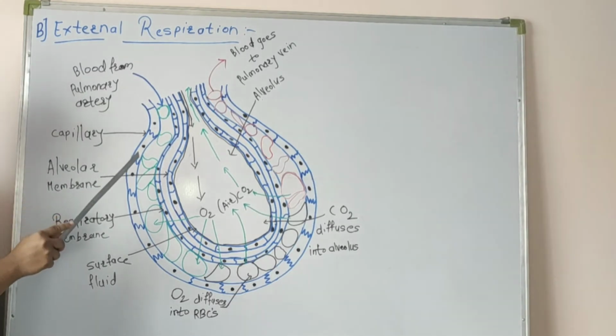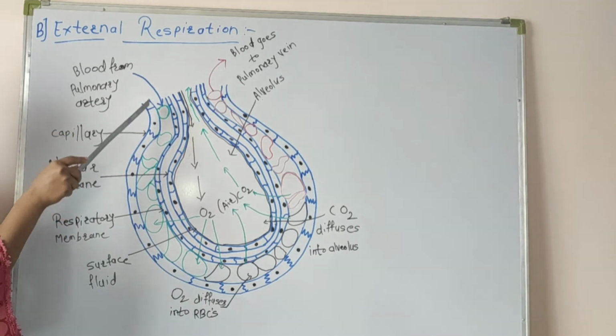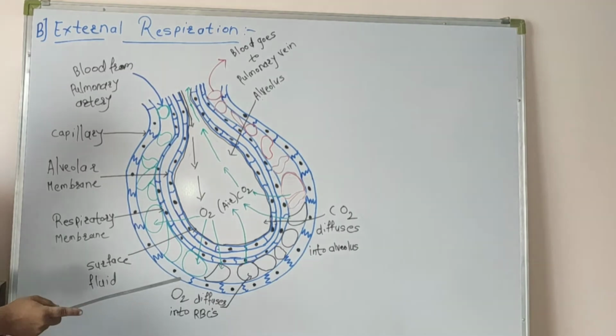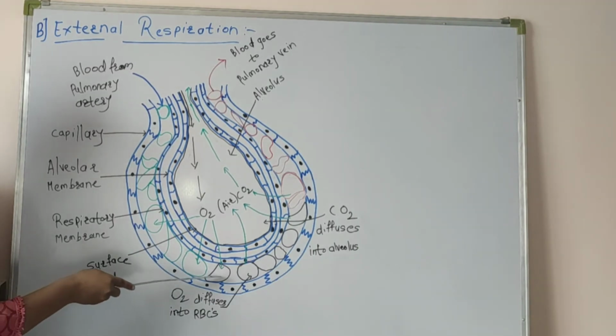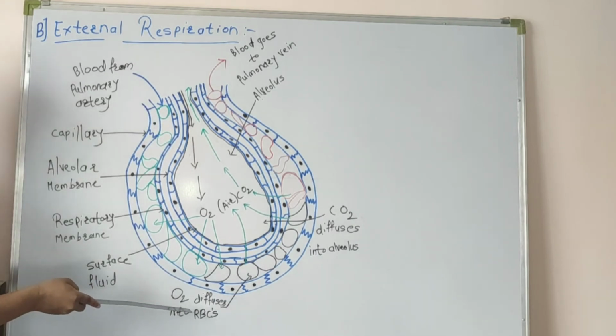I have already told you that when air enters the lungs, oxygen enters the blood and it becomes oxyhemoglobin, and this oxygen will diffuse into the RBCs, that means red blood cells.